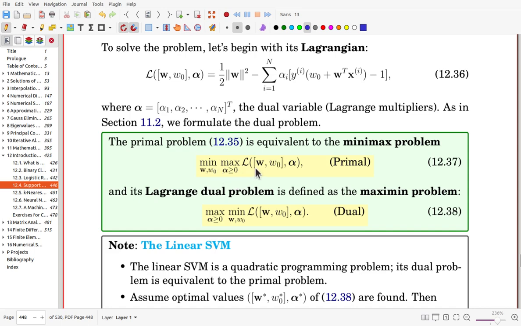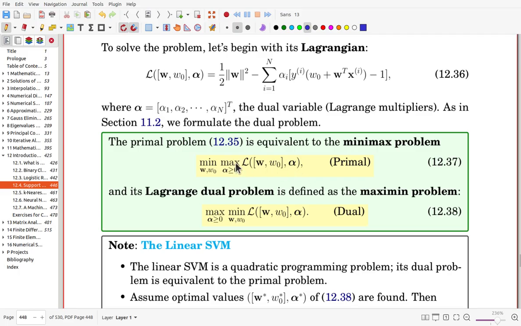Now along with the Lagrangian, the problem becomes a minimax problem. But this minimax problem is equivalent to the original problem. So we say this is the primal problem.